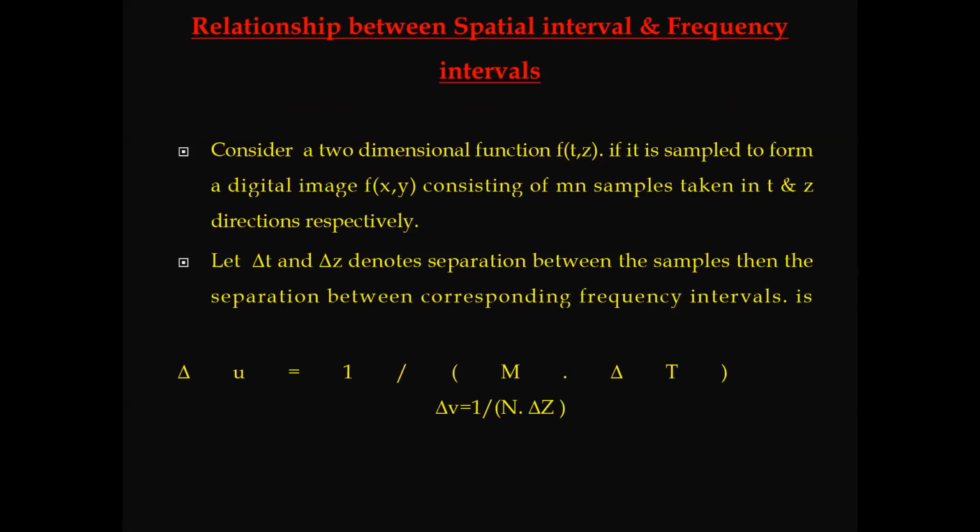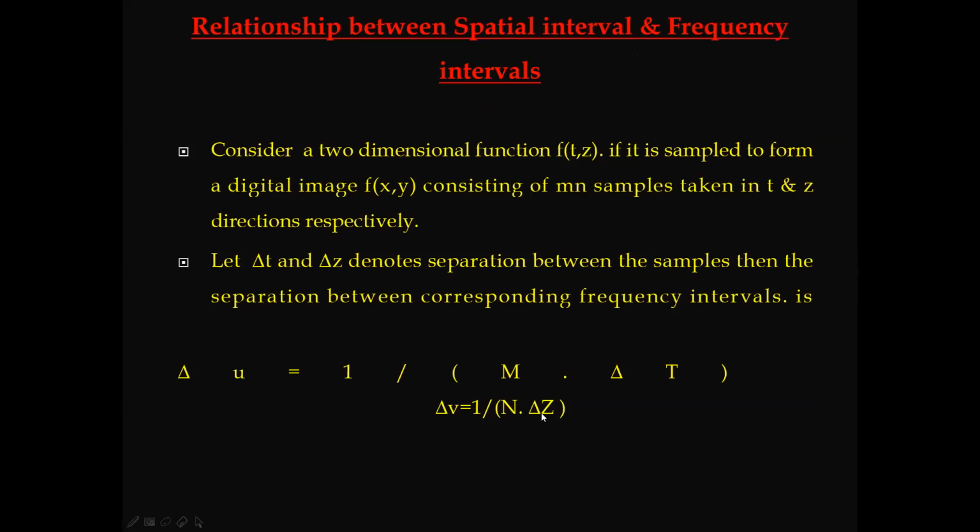Next, the relation between the spatial intervals and frequency intervals. Generally, the spatial interval is delta t, and the frequency interval is delta u. So delta u equals 1 by M into delta t. Similarly, delta v equals 1 by N into delta z.